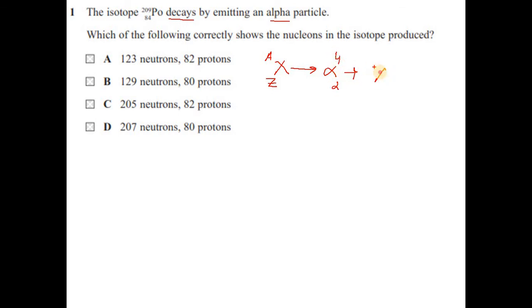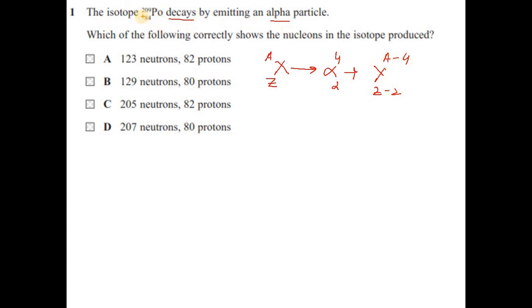The new nucleus has a charge number decreased by 2, Z minus 2, and the mass number decreased by 4. So this is the general concept of alpha particle decay. The charge number is decreased by 2 and the mass number decreased by 4.